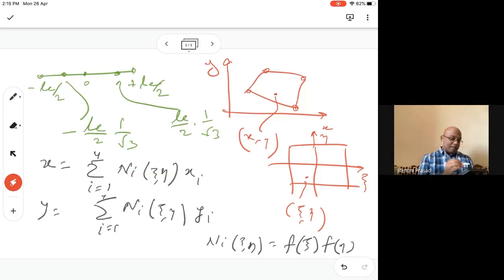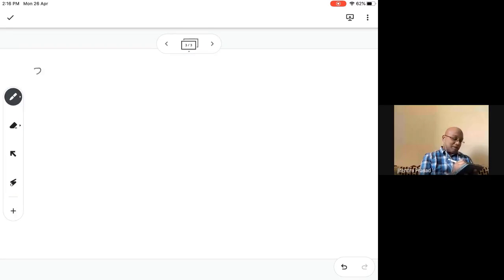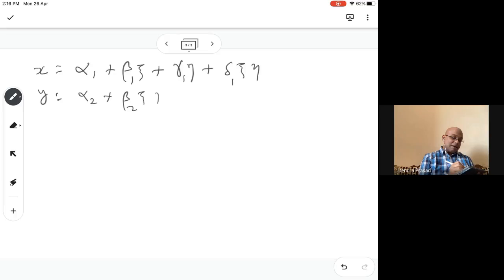So we can write x equal to alpha 1 plus beta 1 xi plus gamma 1 eta plus delta 1 xi eta. Similarly, y equals alpha 2 plus beta 2 xi plus gamma 2 eta plus delta 2 xi eta.